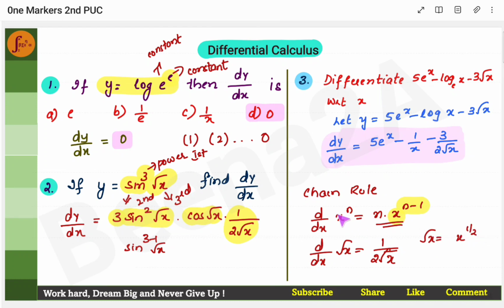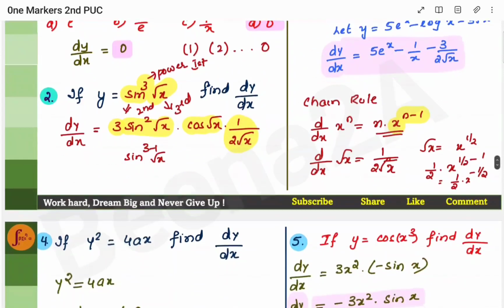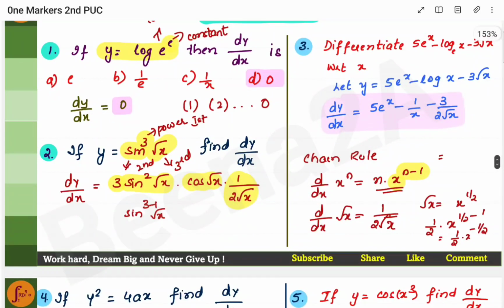Then you can use this particular formula, that is half into x to the power half minus 1, which is nothing but half into x to the power minus half, which can be further written as half. X to the power minus half can be written as 1 by root x. X to the power half is root x, it's minus, so I can shift it down, right? I can bring it to the denominator, so it will become x to the power half, which is root x. So 1 by 2 root x.